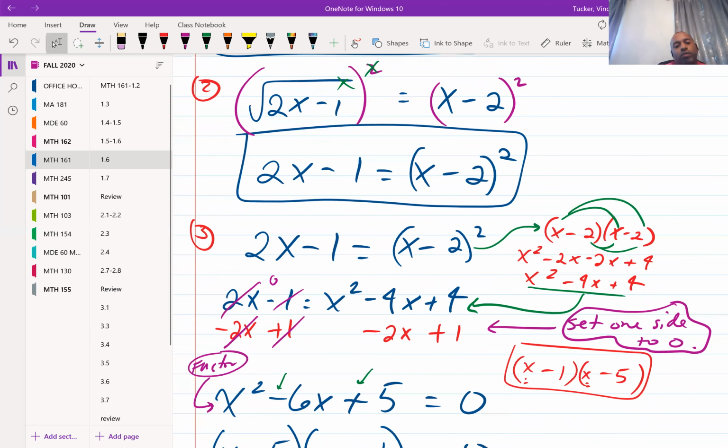And that gives us x squared minus 6x plus 5 equal to 0. All right, questions? Any questions?